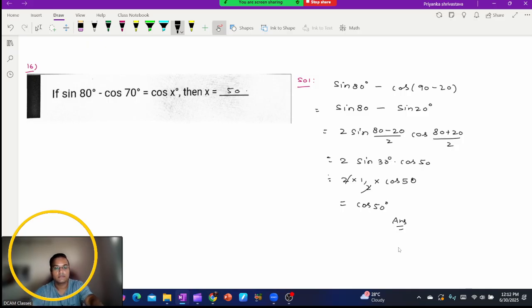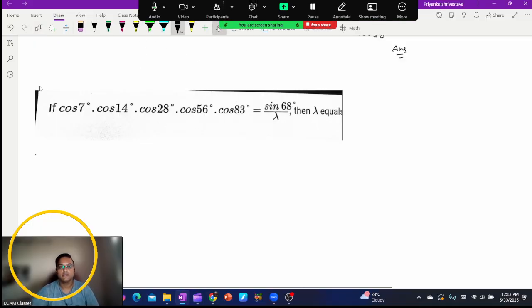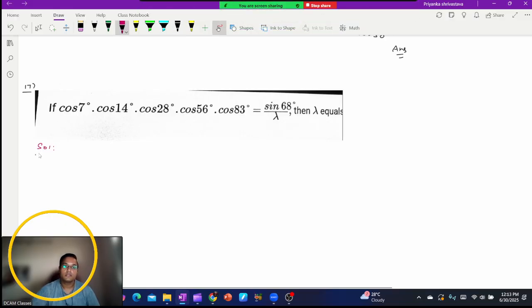For the next one. This question is actually quite easy, this 17th one. See, for this kind of equation, what you have to do: cos 7, cos 14, cos 28, cos 56, cos 83 is there. What you do now?